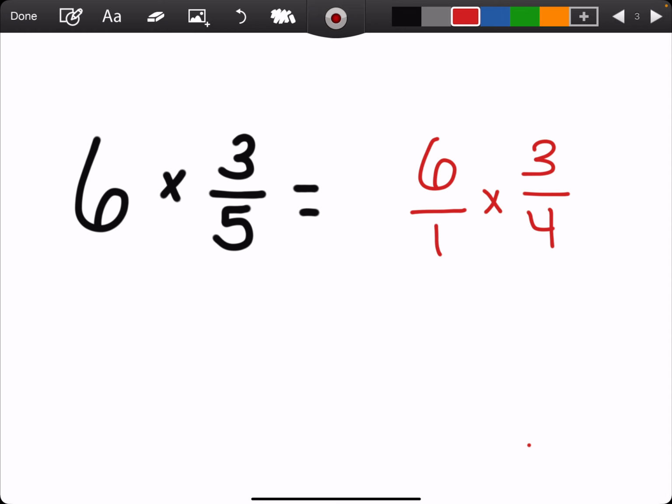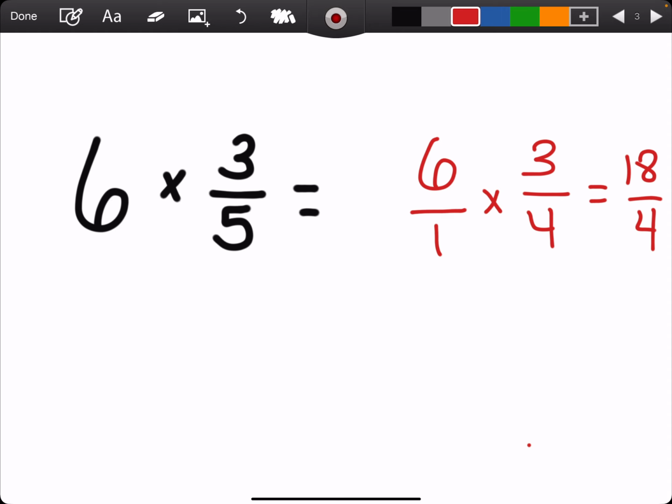If your denominator is 1, there's 1 piece in your whole, which is a whole. Then I would just multiply across. 6 times 3 is 18, and then 1 times 4 is 4, which is exactly what I'm doing, because 1 times 4 means you're just keeping the denominator the same.